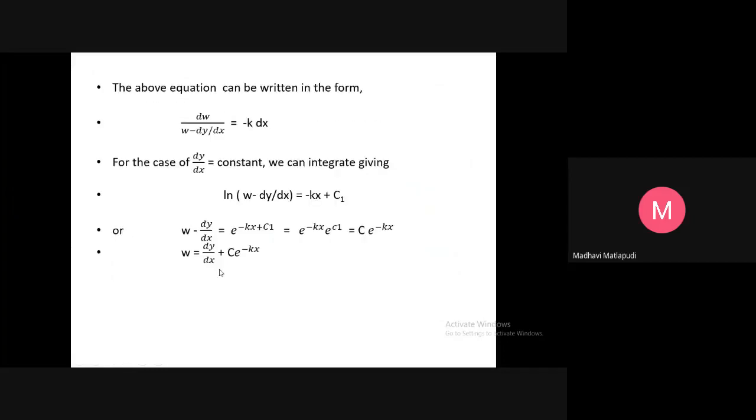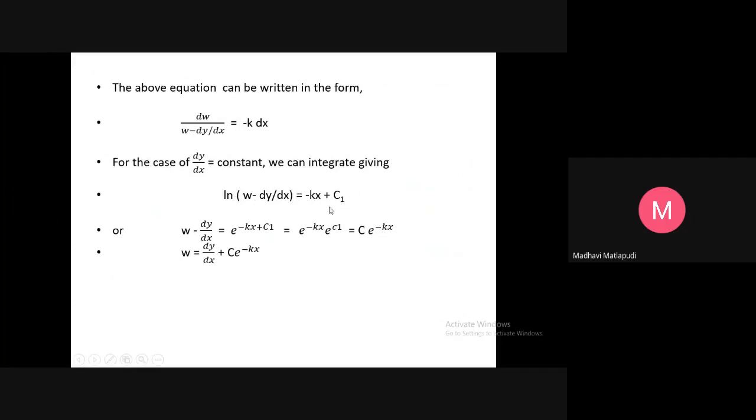Now, the above equation can be rewritten in the form of dW by (W minus dy by dx) is equal to minus K dx, just rearranging the terms. Now, for the case where dy by dx is constant, we can integrate, giving logarithmic value of (W minus dy by dx) is equal to minus Kx plus C1, where C1 is a constant.